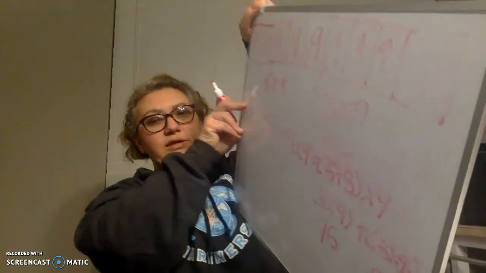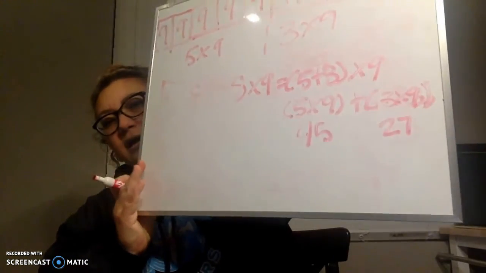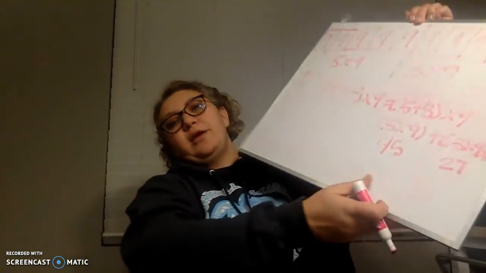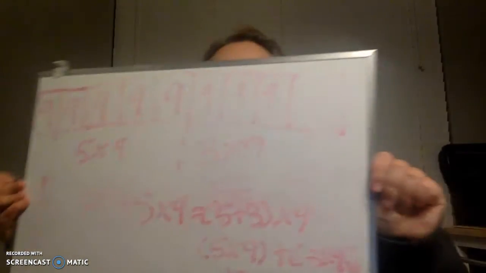Sorry about that. And I want to turn this 27 into a whole number. So I'm going to break 45 up so that I have 42 and 3, because 3 plus 27 equals 30.